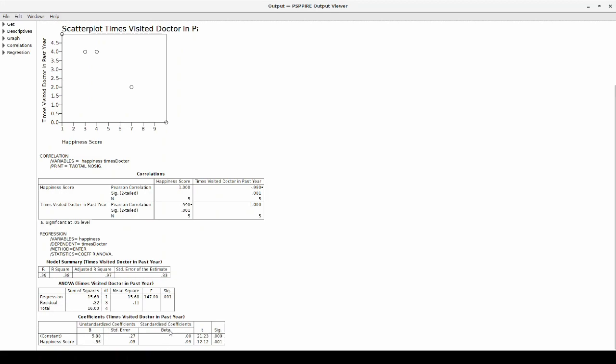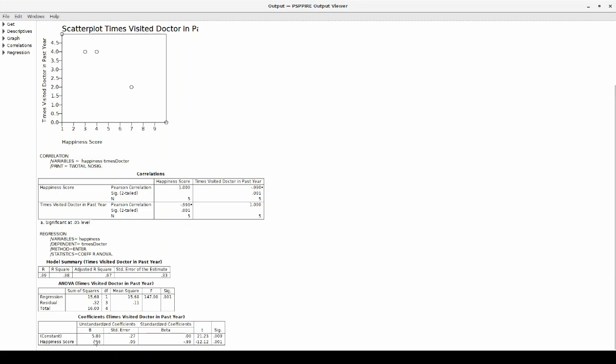There's a lot of information here, but the only things you really need to look at are the stuff in the B column. We learned in class that the equation for the predicted y is going to be bx plus a. Well, PSPP represents this all as b's. Here in this happiness score, we will see the amount of change in our y value based on our x, based on our happiness score.